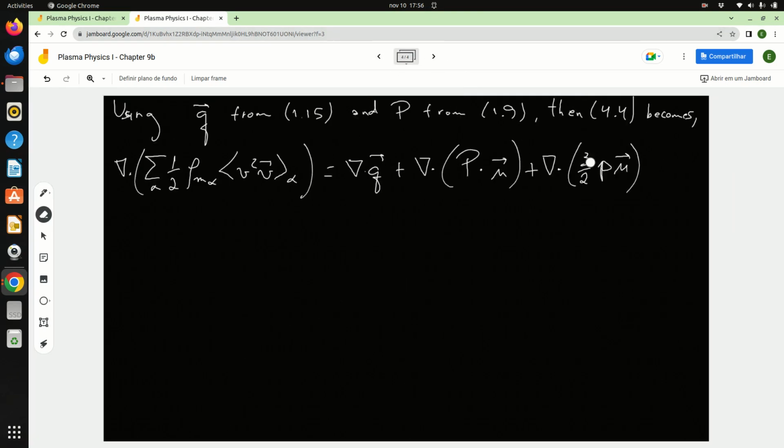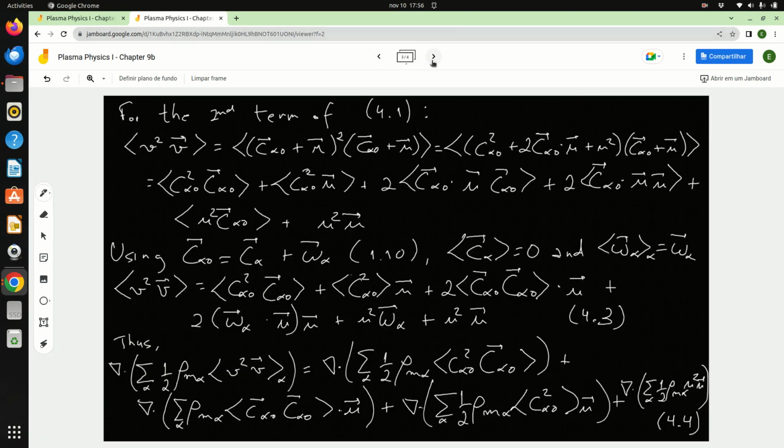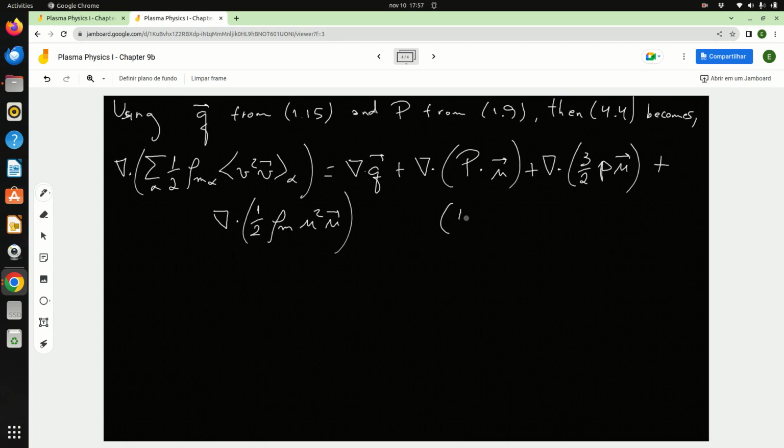Okay, so pressure appears here again, scalar pressure, and we have another term, which is the divergence of 1/2 rho m U square U, which was this final term here, right? So this is 4.5. We got it.